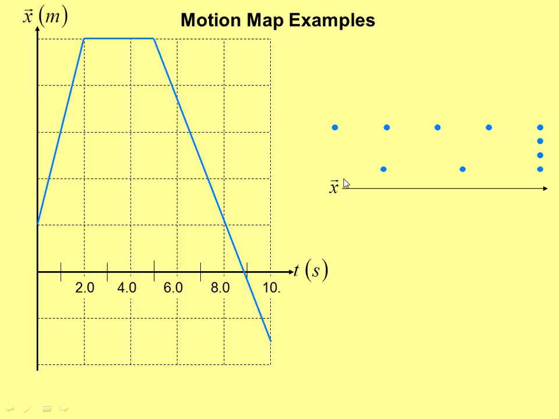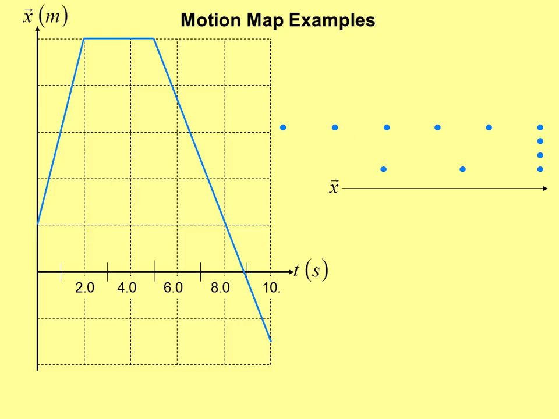Then after 10 seconds, he's even further to the left. So notice, fast velocity here, right, because big separation between the dots, not moving at all here because all these dots are at the same position, and then a negative, slower velocity because it's to the left and there's less distance.